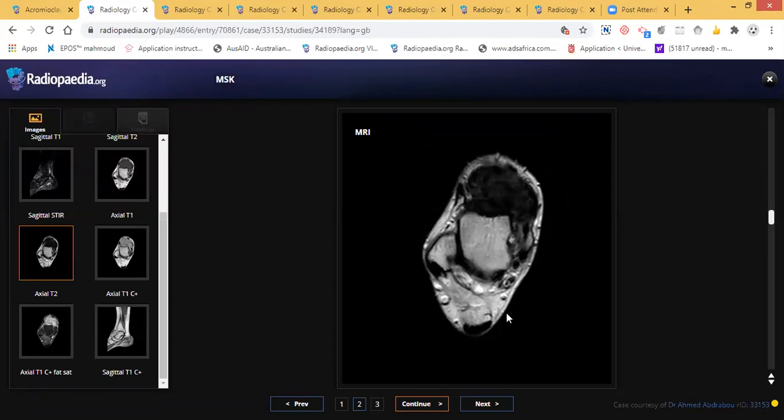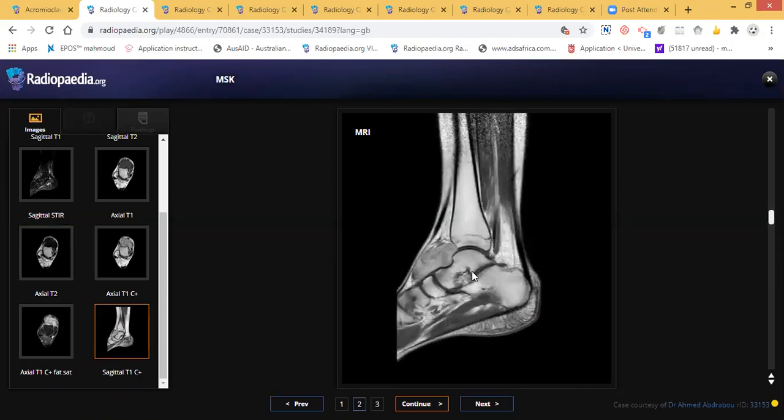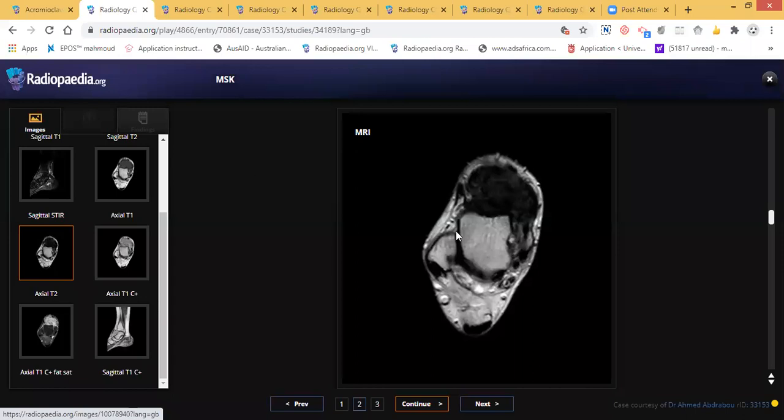So the giant cell tumor of the tendon sheath is just the extra-articular pigmented villonodular synovitis. They are the same. So why is it dark? What is the cause of that in T2?